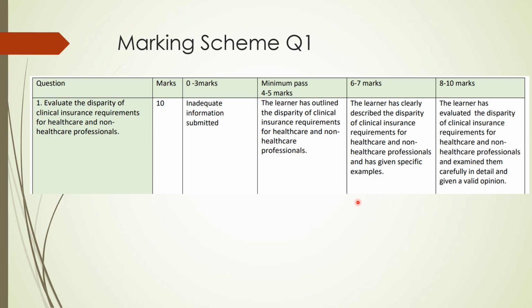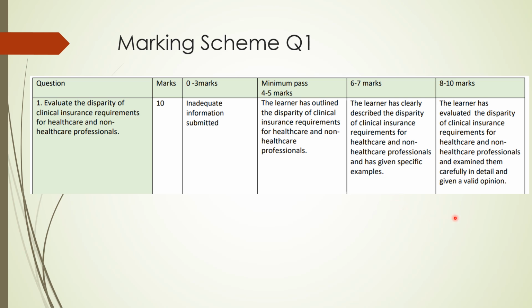If you're really savvy with your marking criteria, you should be, as your minimum, looking at the 6 to 7 marks. So this is where you have to describe a little bit of the detail between the differences of the insurance between them, and maybe give specific examples of different insurance companies that will insure medics, non-medics, price premiums, things like that.